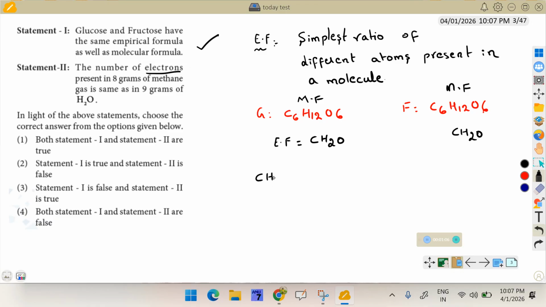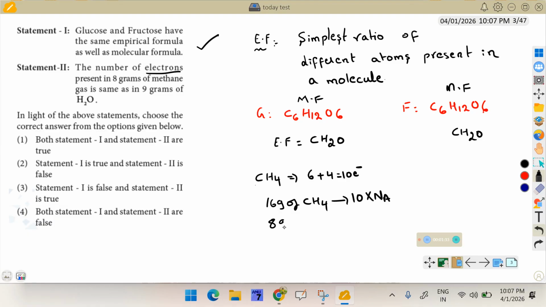The number of electrons present in 8 grams of methane. Methane formula CH4. In methane, total 6 plus 4, 10 electrons are present. That means 1 mole of methane, what is the molecular weight of methane? 16 grams. 16 grams of methane contains 10 into Avogadro number of electrons.